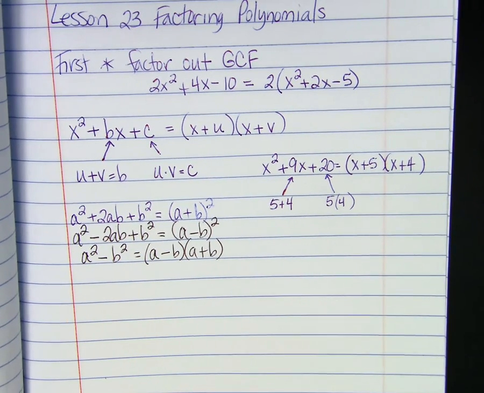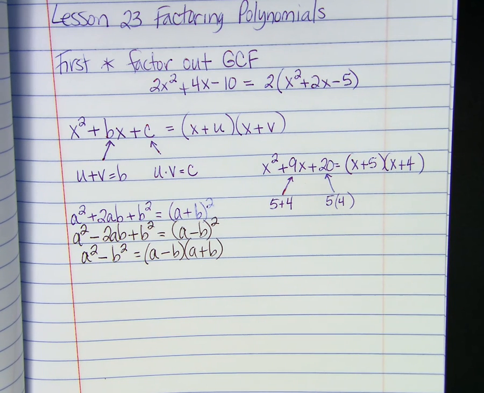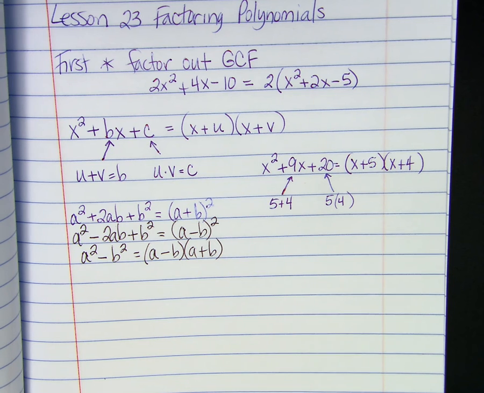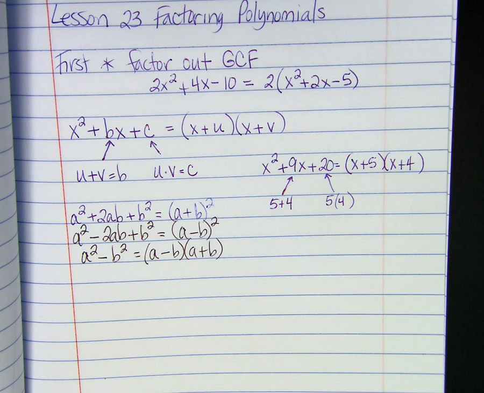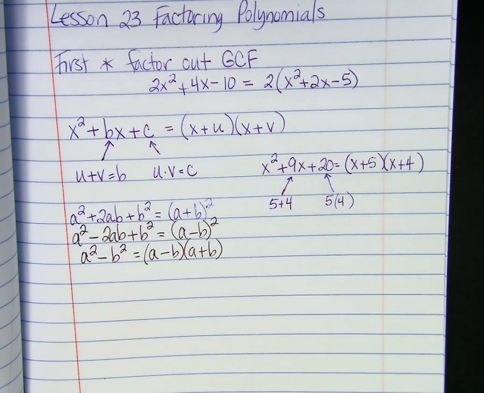Spencer. So let's use that a squared plus 2ab plus b squared example. If we have a problem on our homework that says find the factor, would you also have to write negative a plus negative b squared? Because wouldn't that be the same answer? Wait, say that again.